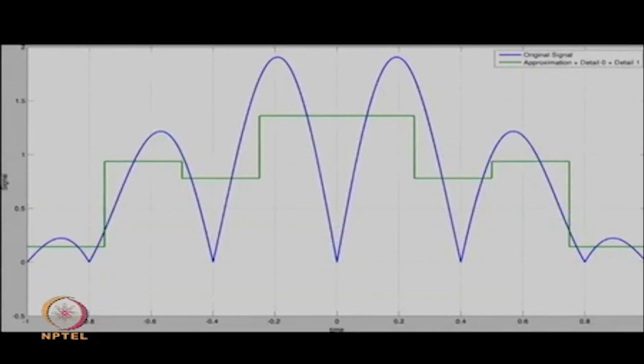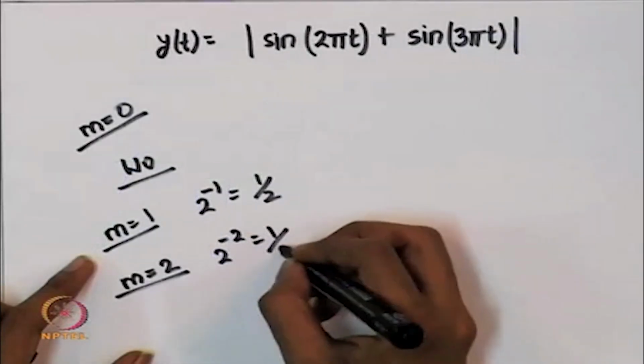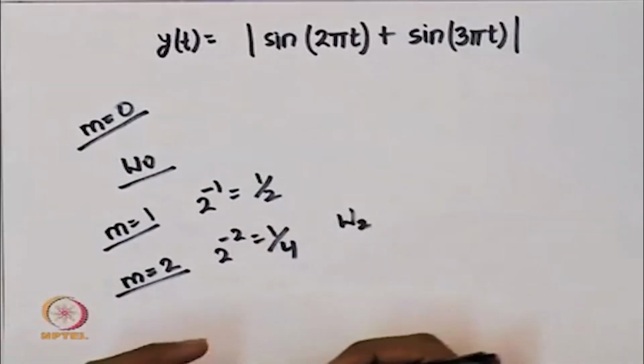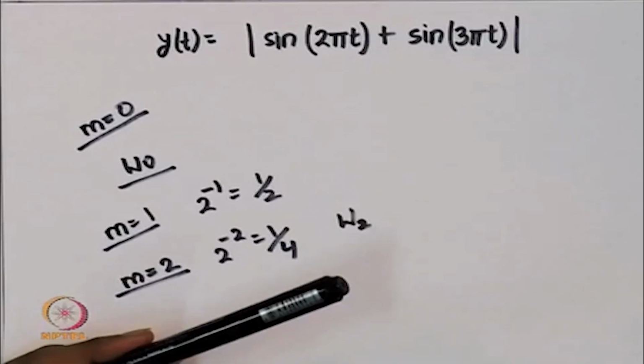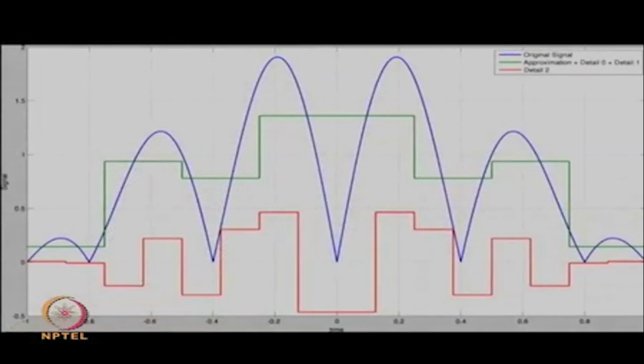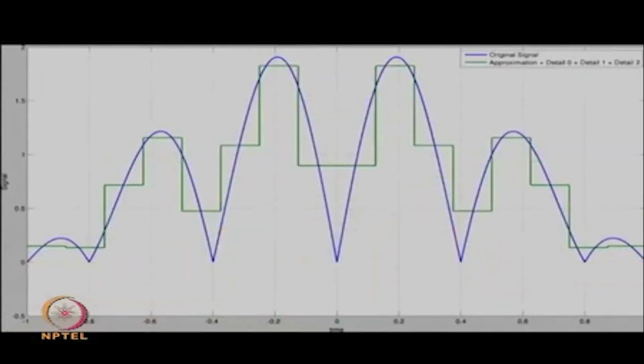Now we can add another finer detail, that is, the projection of the signal on the W2 space, and which looks like this. When we add these two, we again get an even better approximation to the signal, which looks like this, shown in green.